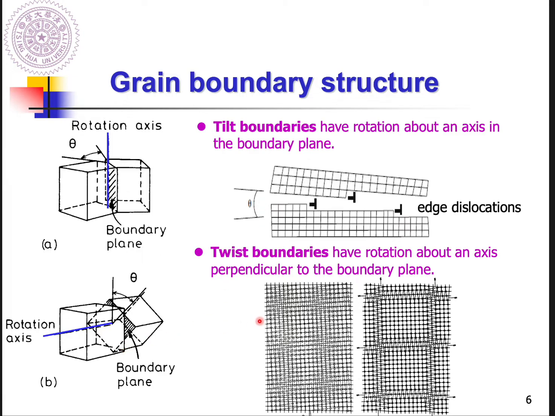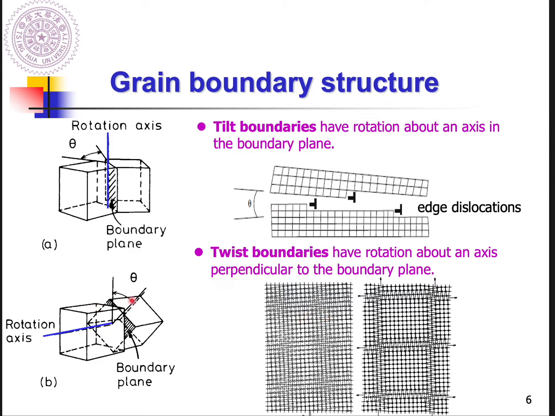The second one is the twist boundary. In a twist boundary you also have grain 1, grain 2 and a boundary plane, but the rotation axis is perpendicular to the boundary plane, and theta depends on the rotation angle.